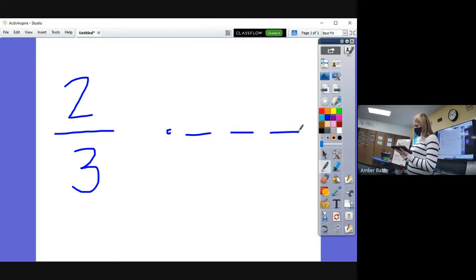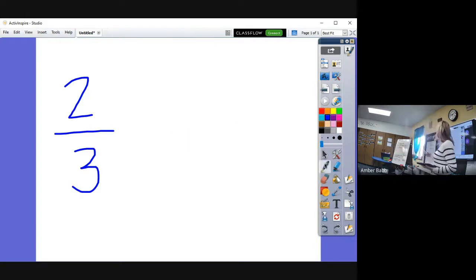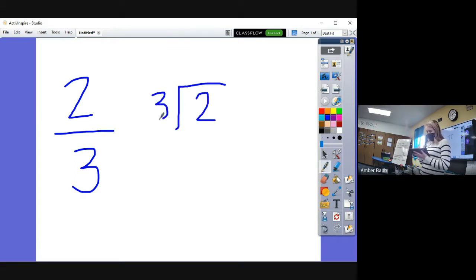This isn't going to work this time. So what do I do? You pretend that this fraction symbol is a divide. So you would do 2 divided by 3. Does 3 go into 2? No, that's why it's going to be broken into decimals.